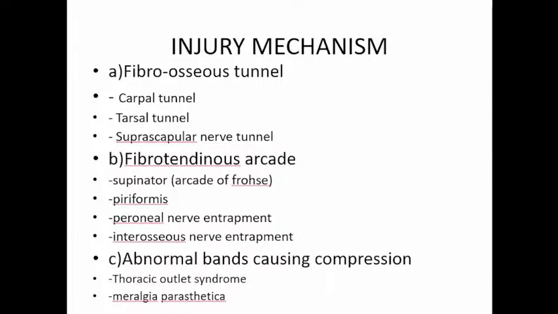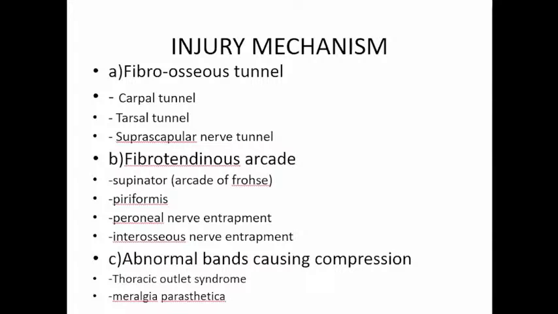Now, another way of looking at the injury mechanism is the anatomy of causation of the nerve entrapment syndrome. It may occur in a fibro-osseous tunnel, fibrotendinous arcade, or abnormal bands causing compression. For example, in the fibro-osseous tunnel, a good example is the carpal tunnel, tarsal tunnel or suprascapular nerve tunnel.